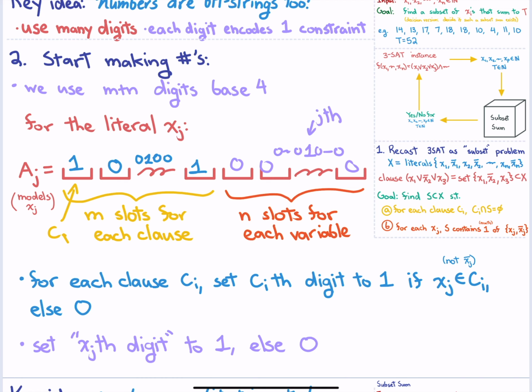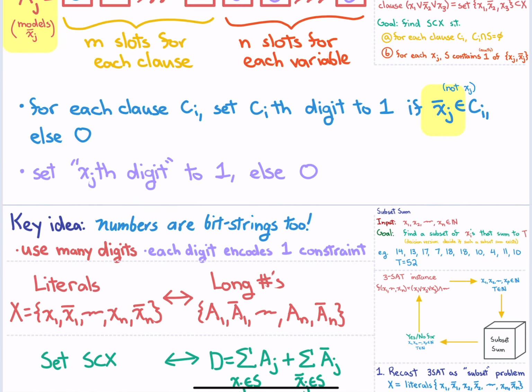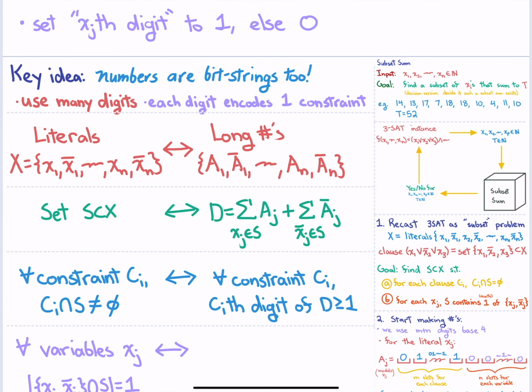And the only numbers that have a 1 in that digit are the numbers corresponding to the literals in that first clause. So the only way for me to get that first digit of D to be 1 is to take at least one of those 3 numbers. Okay. So I think it has nothing to do with the xj bar, if we're on the same page.